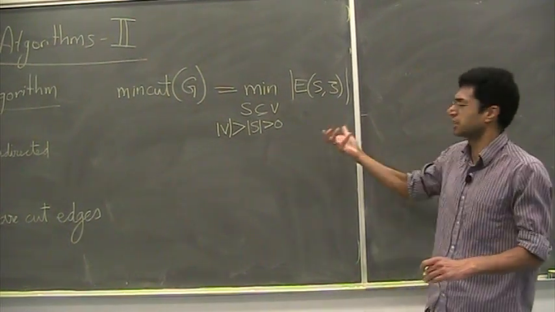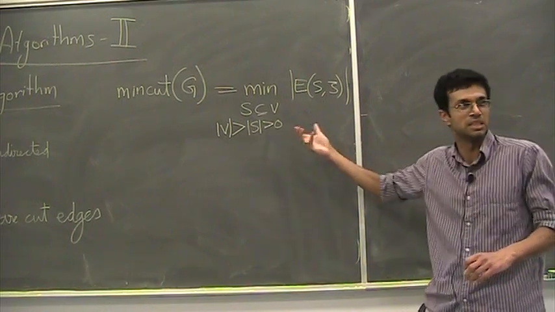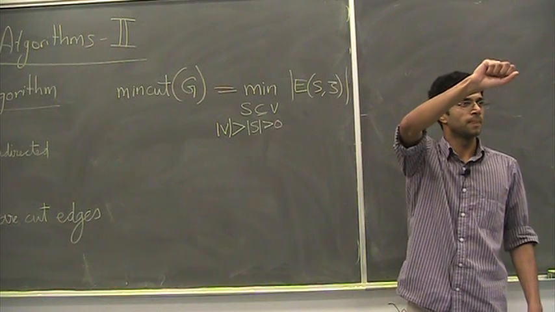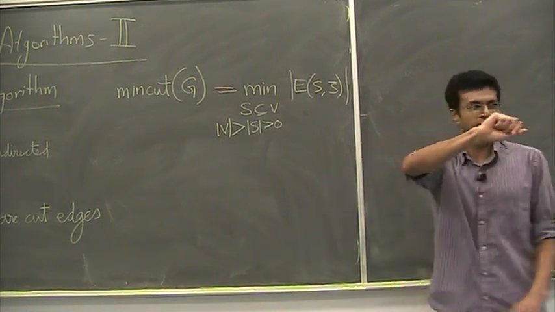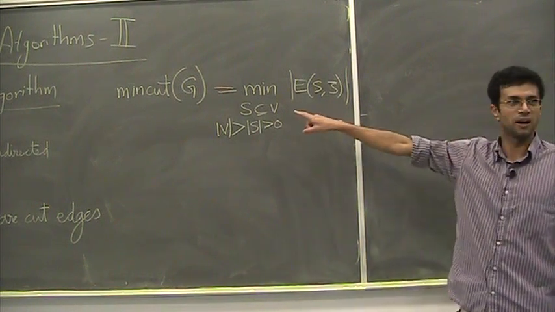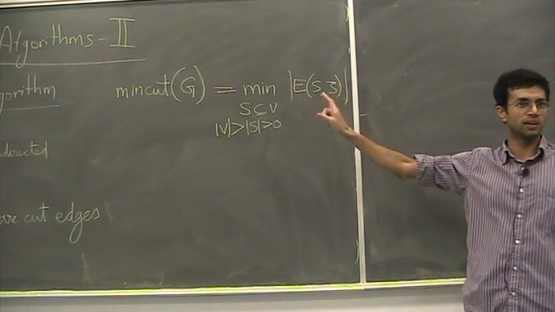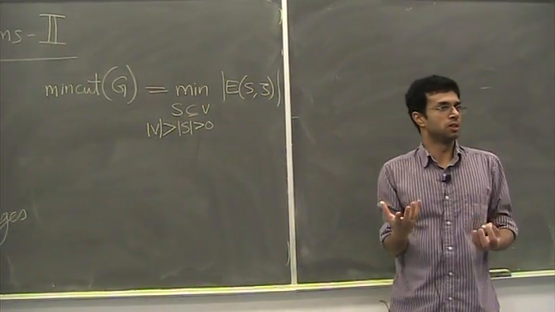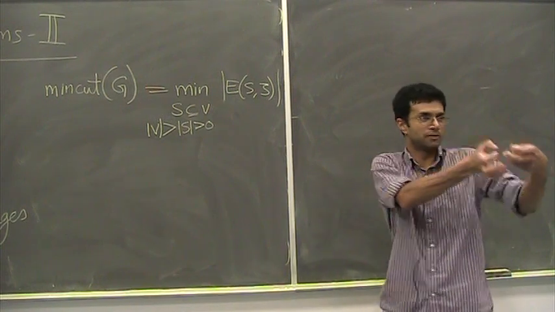So when can the cut value be 0? What does it mean? They weren't connected in the first place? Good. They weren't connected in the first place, meaning that if your graph has more than one connected component, then the cut value is 0, because you actually have a set.